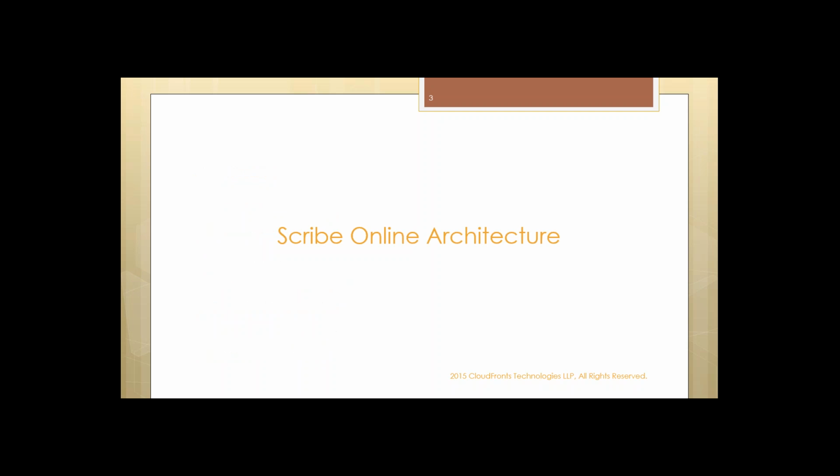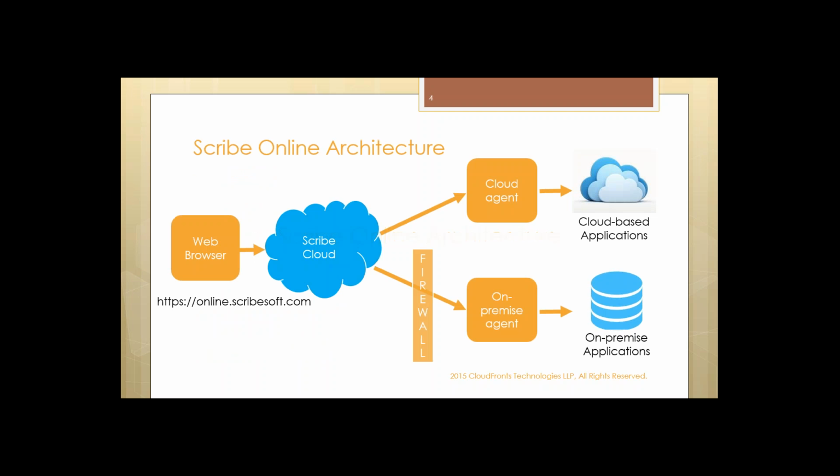Let's begin with the Scribe Online architecture. Scribe Online, being cloud hosted on Windows Azure, can be accessible through the web browser, having a secure internet connection. That can be done through the URL online.scribesoft.com.